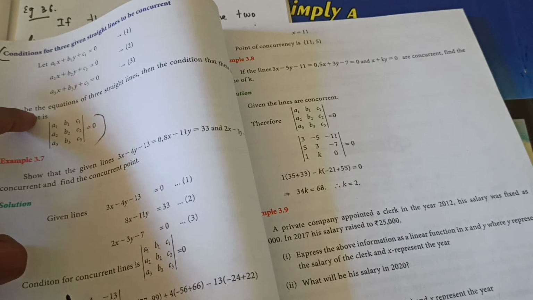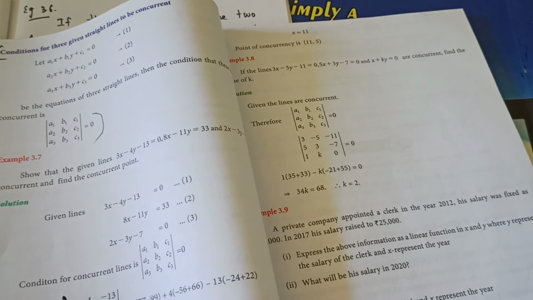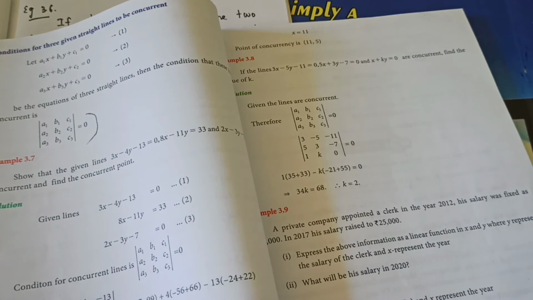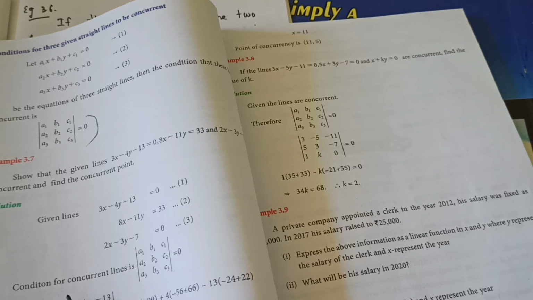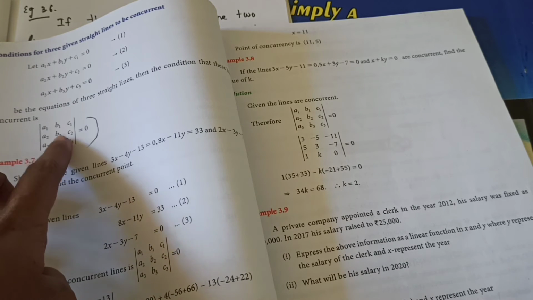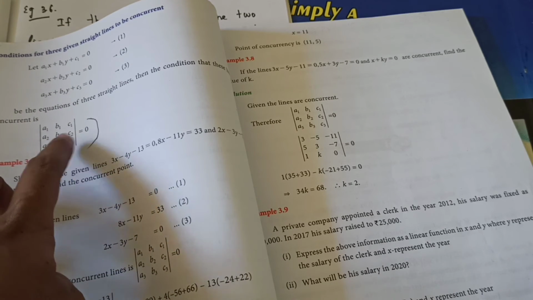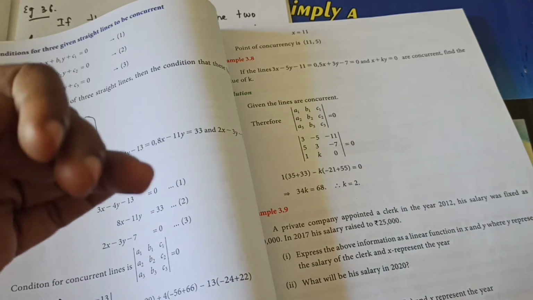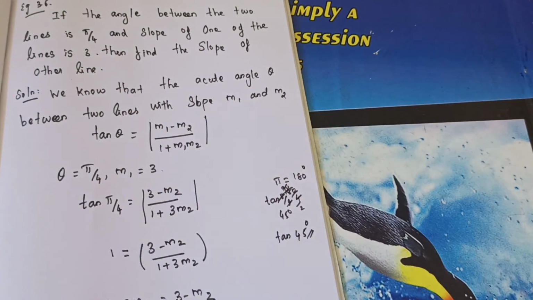If they gave the 3 equations, they will ask to find the condition for concurrent. So what will you prove? Determinant of this value is equal to 0. If you prove the determinant of this value is equal to 0, we will say the given lines are concurrent. Understand? So what's the formula? This is also a formula. A1, B1, C1, A2, B2, C2, A3, B3, C3. Determinant value 0 means we will say the lines are concurrent. Understand? Concurrent. That's the meaning.